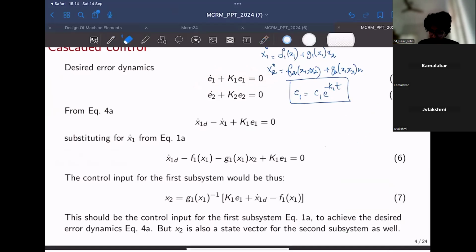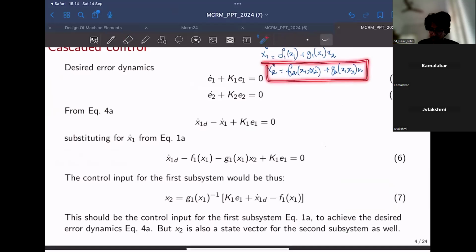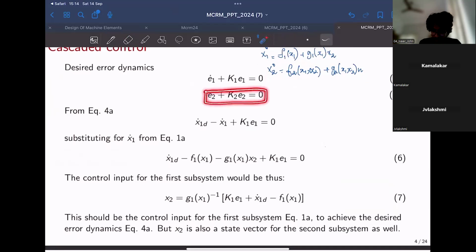And a similar thing for the second subsystem. The second subsystem x2 dot equals f2 plus g2u. The second subsystem should also be asymptotically stable, or in a sense, we want our system to behave as per this first order differential equation.